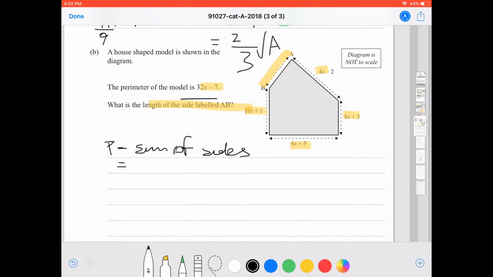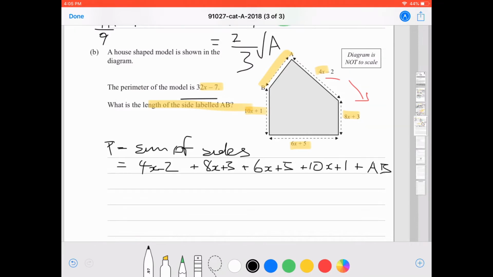Starting at 4x minus 2 and working clockwise, we've got 4x minus 2 plus 8x plus 3 plus 6x plus 5 plus 10x plus 1, and then plus AB.